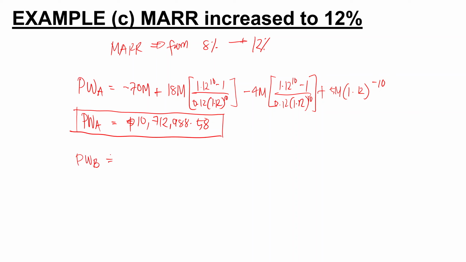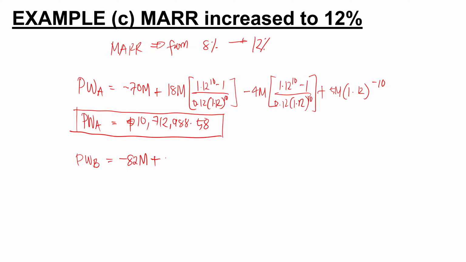Now let's move on to our present worth B. So you have an initial cost of 82 million. Take note that this is a different scenario. That's why we do not apply the 15% increase in the previous scenario. This is distinct. That's why we call this one-way sensitivity analysis, because we test each variable. We do not reapply the condition of the previous one into the current one.